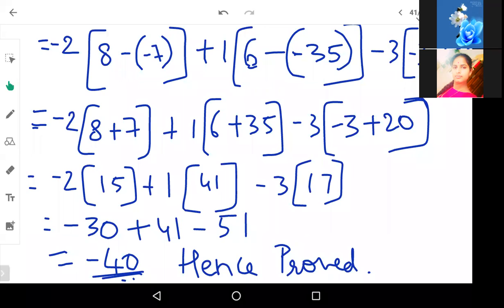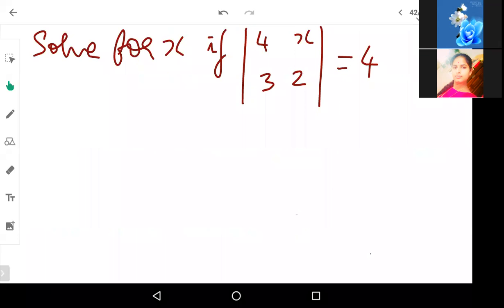The only thing that matters is the positional sign. That is plus minus plus for the first row, minus plus minus for the second row, and plus minus plus for the third row. So that is what is important while solving the determinants. Understood? Any doubts?